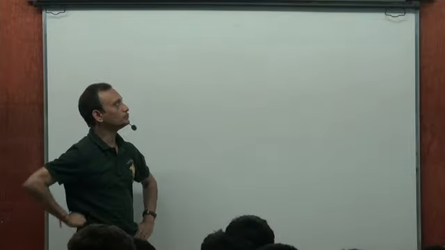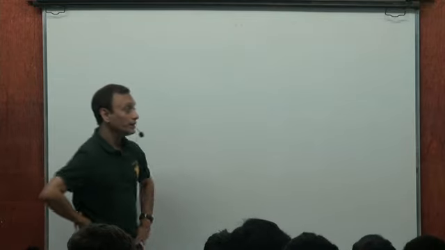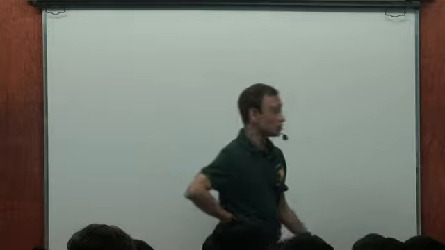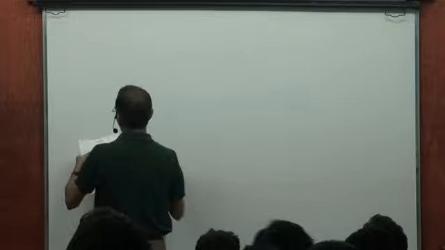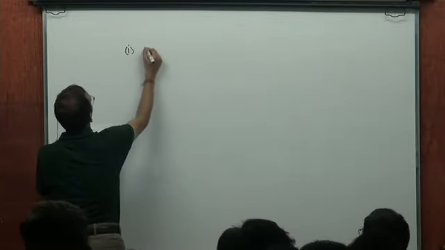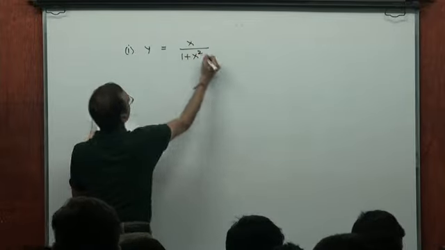Now, let me illustrate a few things from the sheet that has been given to you. See, there is a problem which is y equal to x by (1 plus x squared).